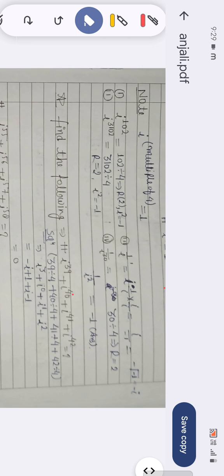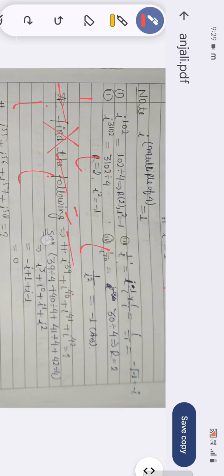And what is the value of 1 upon iota? But how can we rationalize 1 upon iota? We can multiply 1 upon iota by iota upon iota.